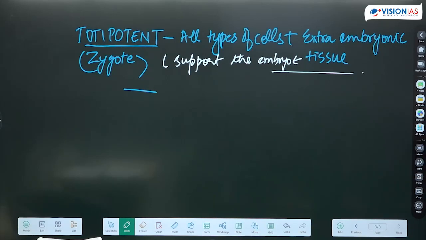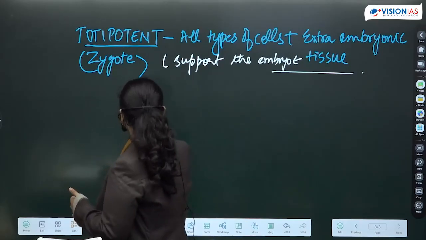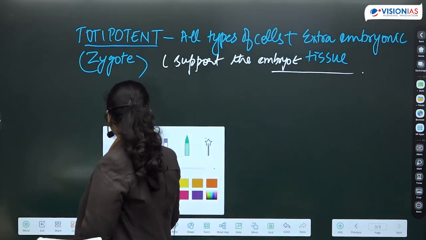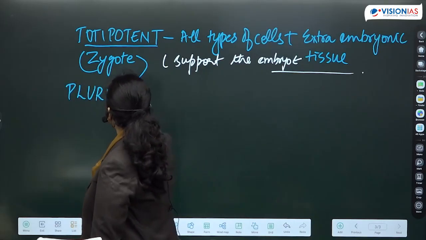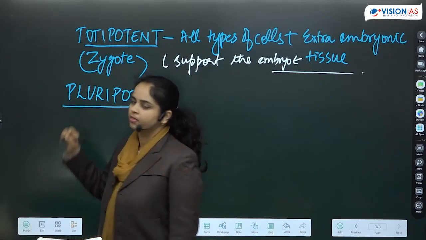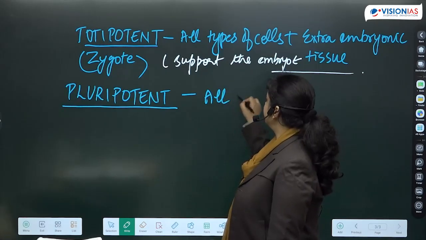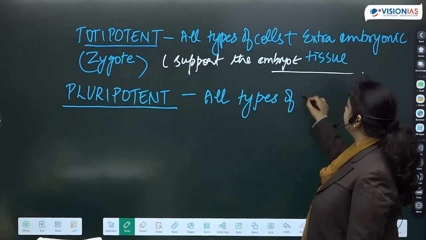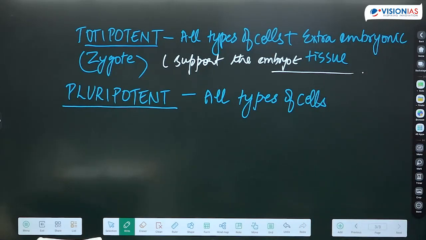Okay. Let's see what are the other terms which we'll be using here. The next term is pluripotent. Pluripotent will be a type of stem cell which will form all types of cells, but not extra embryonic tissue.